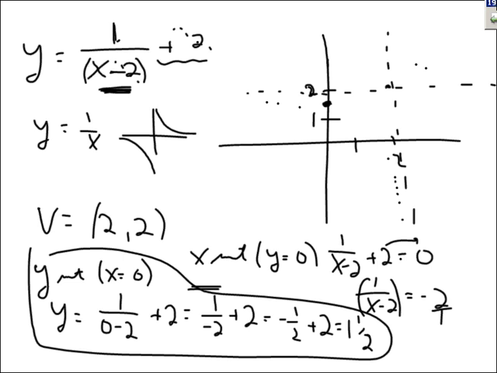The reciprocal of that is x minus 2. The reciprocal of negative 2 is negative a half. Add 2 to both sides. And you also get 1.5. It crosses at 1.5. Crosses right here. So there's your graph.